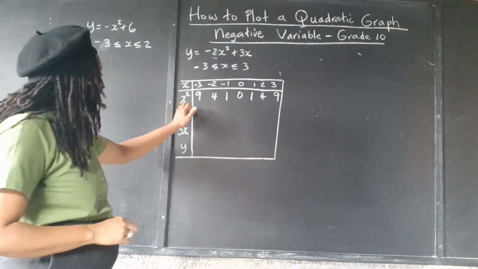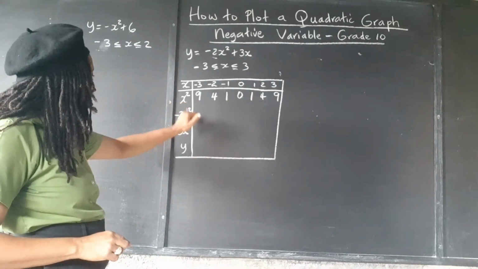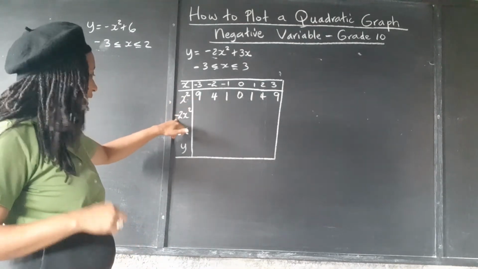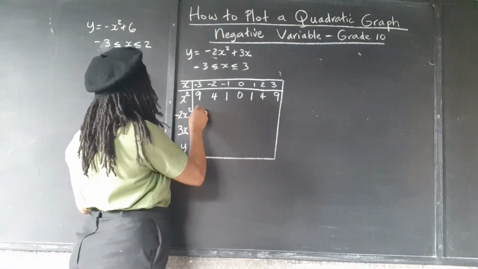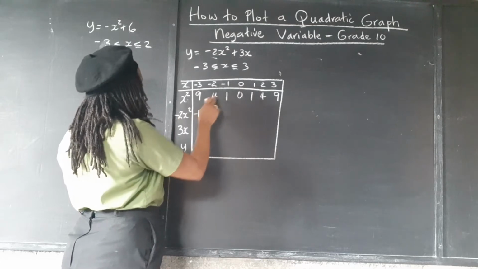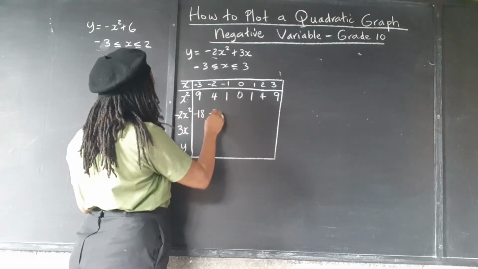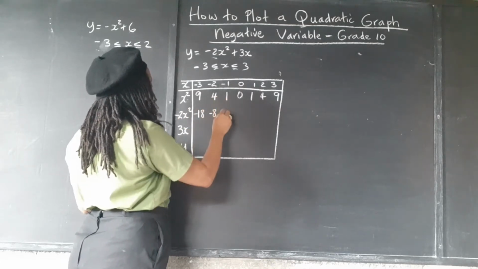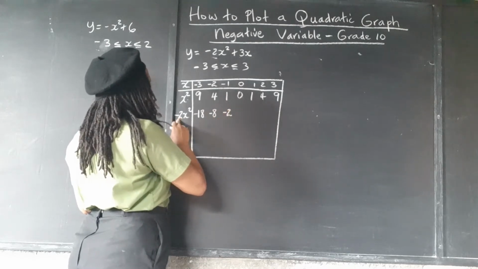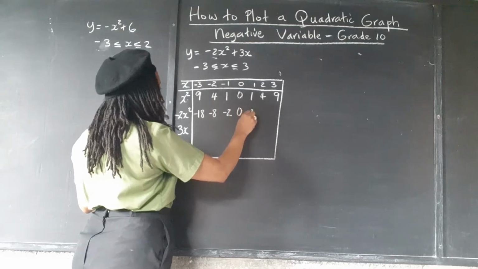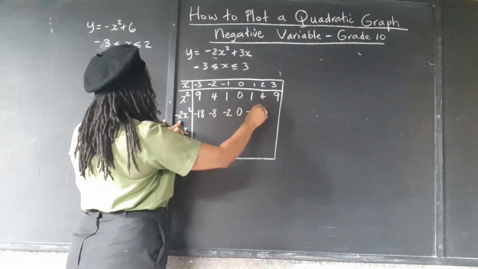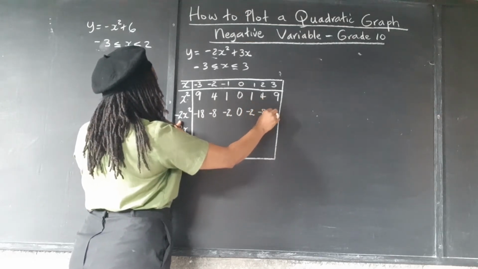So these x squared values, we're going to multiply them by -2. So -2 times 9 is -18, -2 times 4 is -8, -2 times 1 is -2, -2 times 0 is 0, -2 times 1 is -2, -2 times 4 is -8, and -2 times 9 is -18.